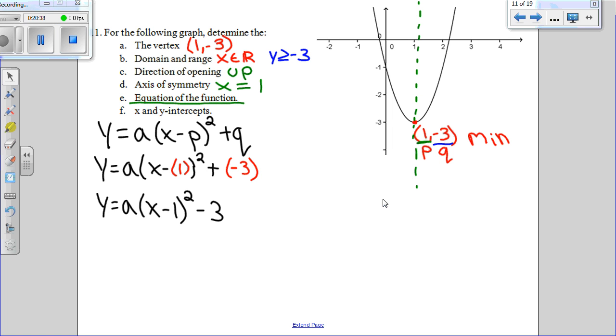The reason it didn't create the quadratic in the picture is the quadratic in the picture has to have a specific A value. And we don't know what that A value is yet. To calculate that A value, you need to find another point on your graph. In this case, they would have put a dot right there. The point there that they're giving you is 0, -1.